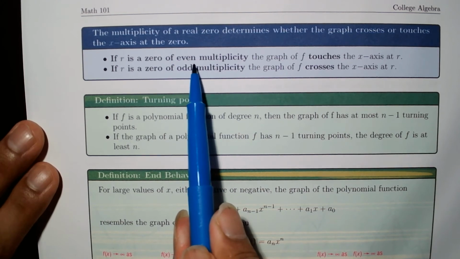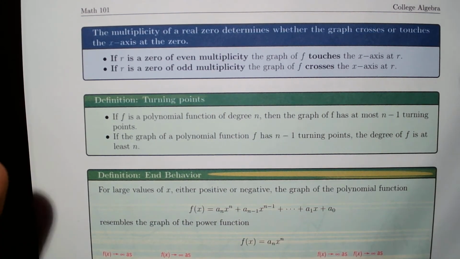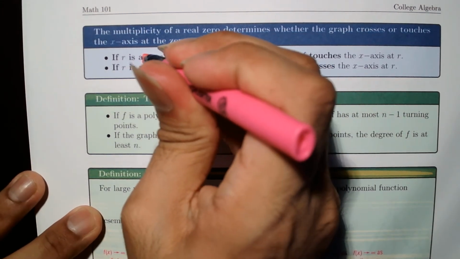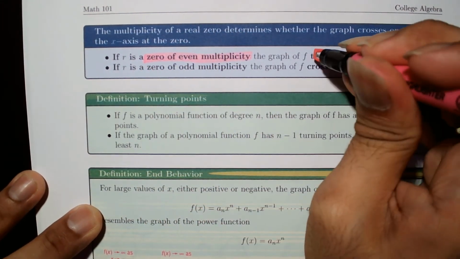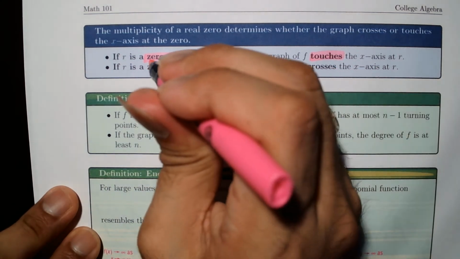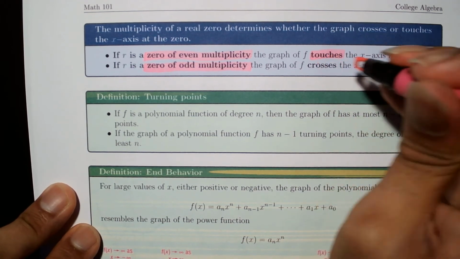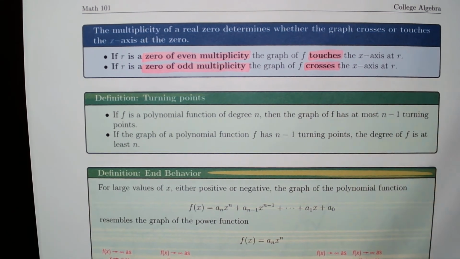If the zero is of even multiplicity, it will only touch the x-axis at that value of the zero. Otherwise, if the zero is of odd multiplicity, then f is going to cross the x-axis at that value of r.